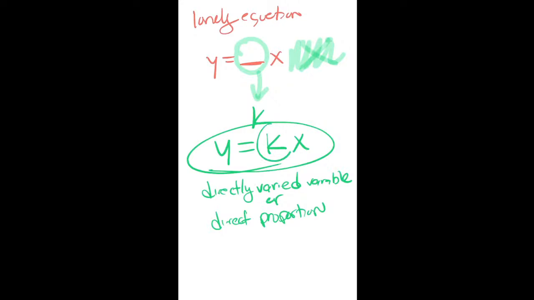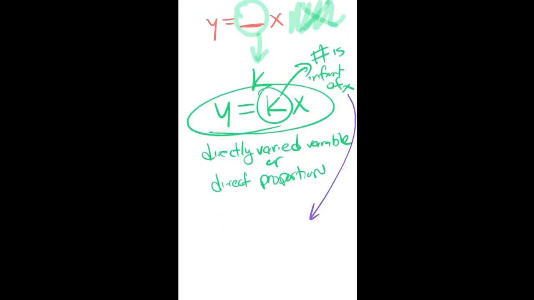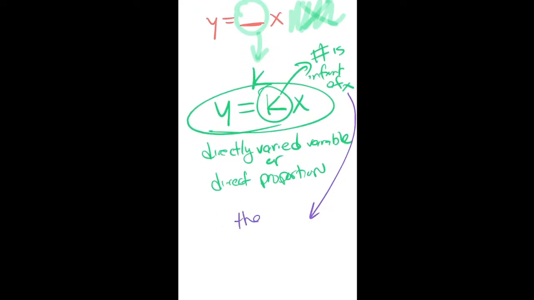Okay, and k is whatever number is in front of x, and that number in front of x tells you the amount y is changing by every time.